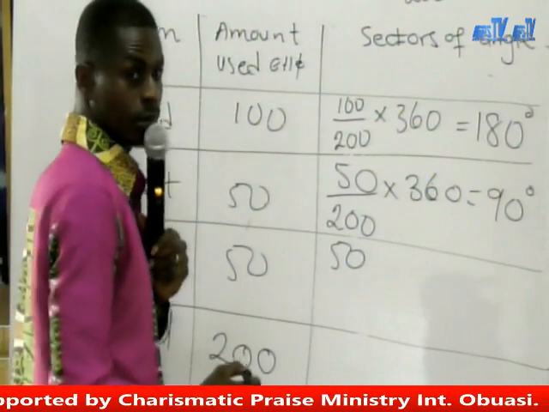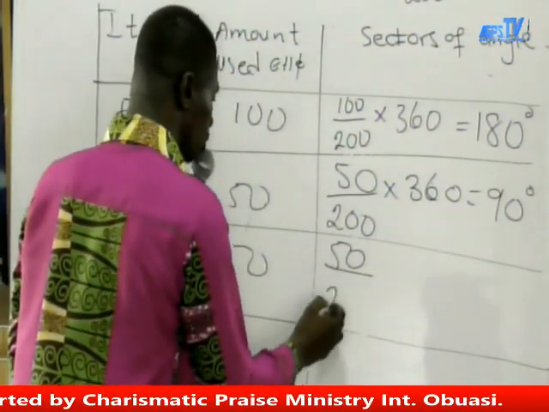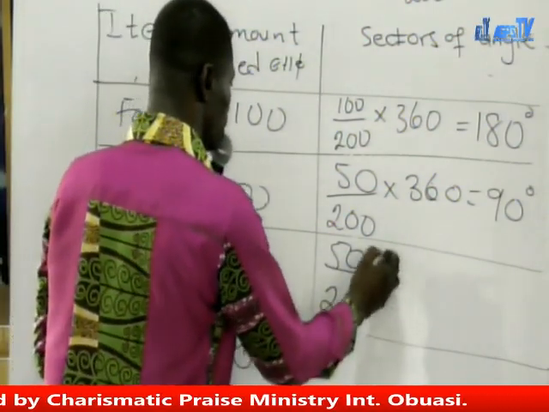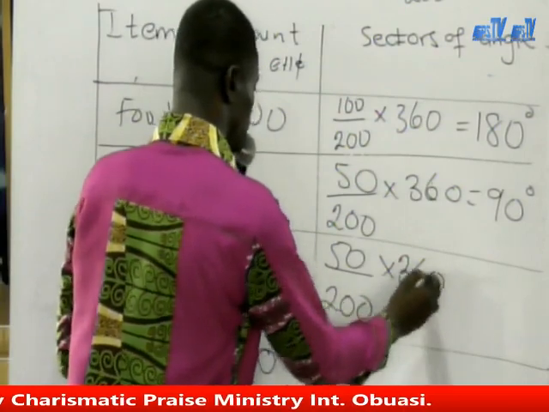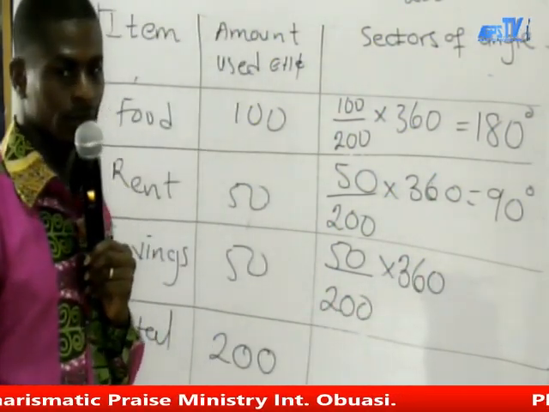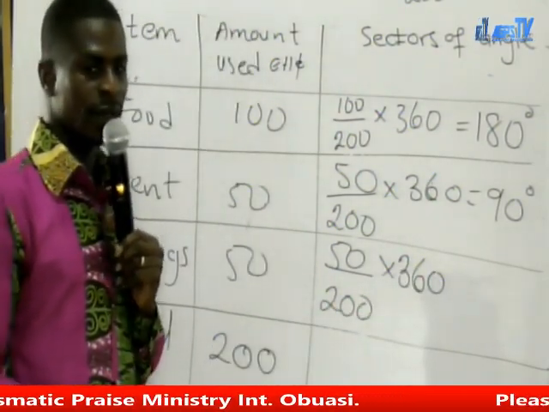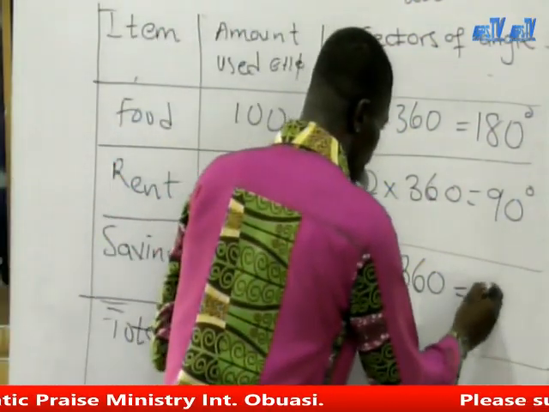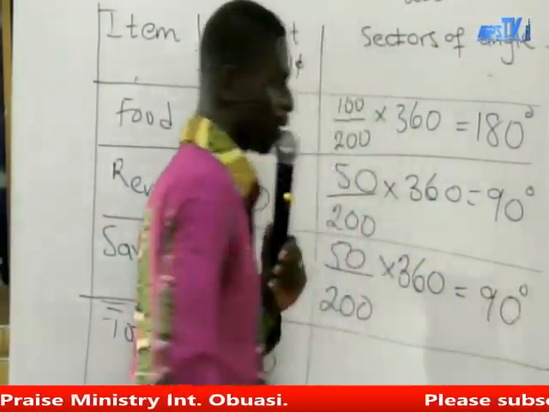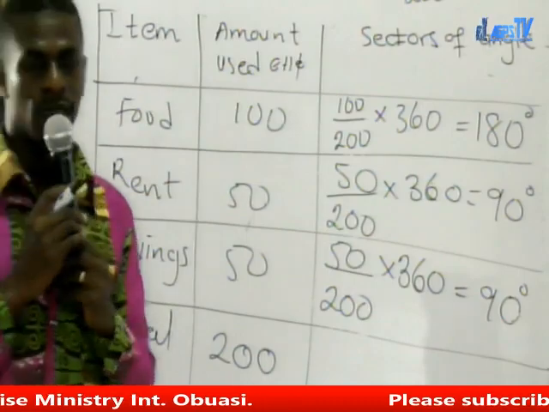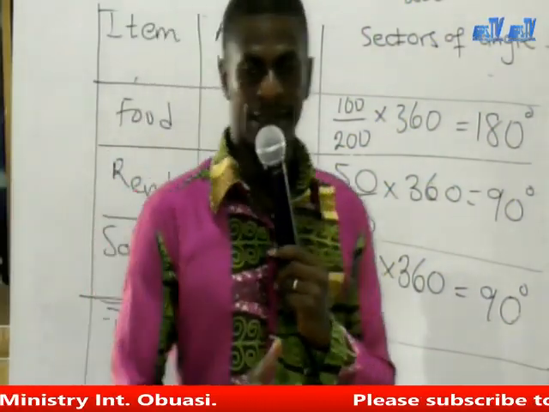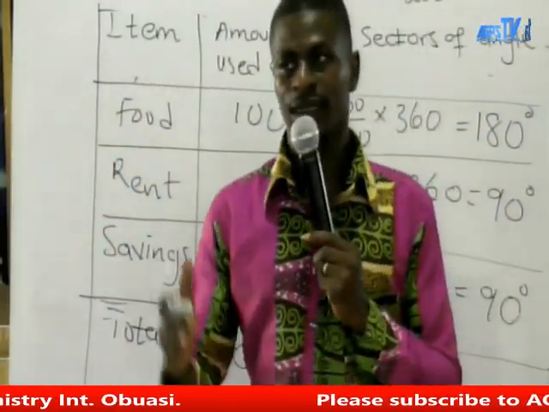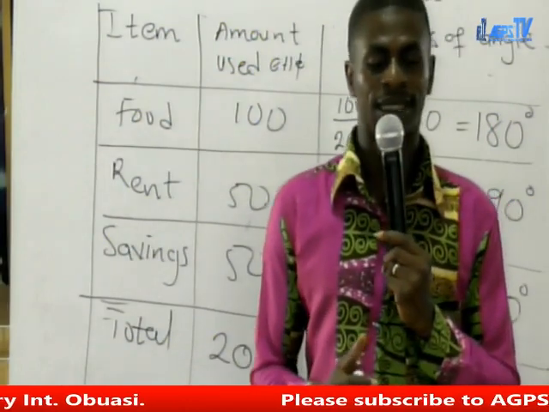50 on 200 times 360, and our answer again is 90. And so we have 180, we have 90, and then we have 90.